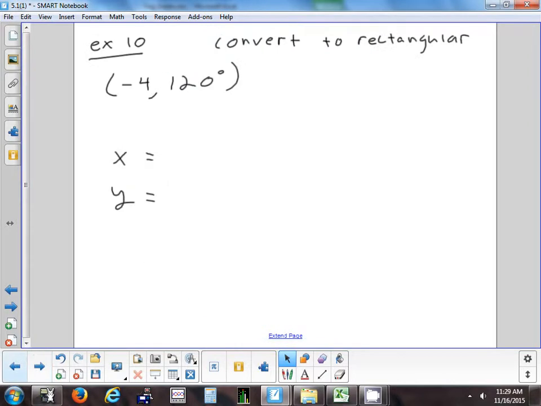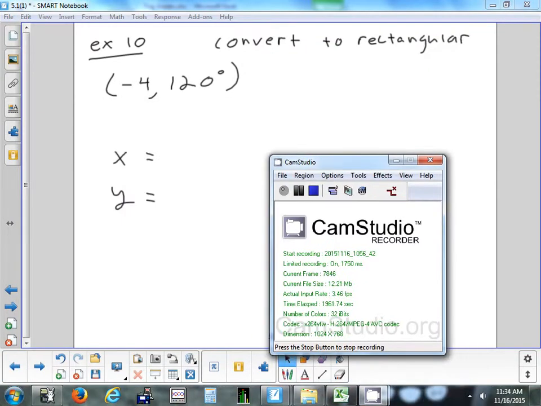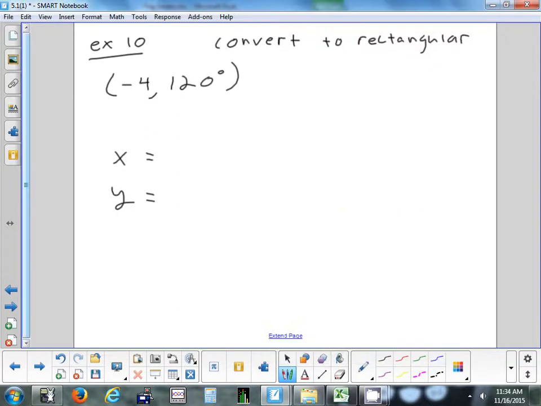Okay, try that one on your own. See if you can convert -4, 120 degrees to rectangular. First thing, we have to get our formula for x. Ashley, what was your formula for x? -4 cosine 120.